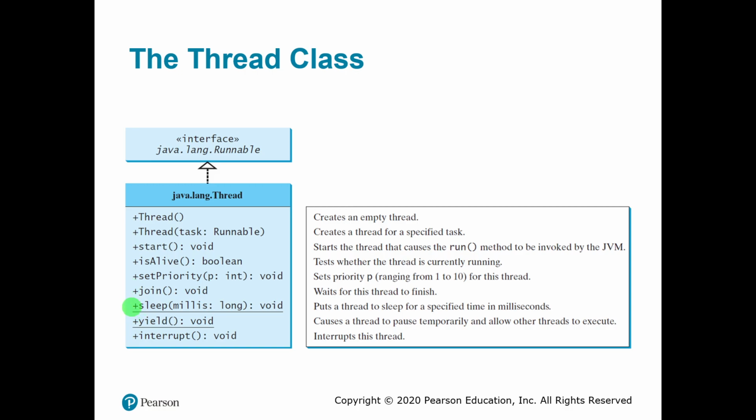There's a sleep method where we can specify how many milliseconds we want a thread to sleep. So if we want to allow some other threads to run, we can make one thread sleep. There's a yield method that causes the thread to pause and temporarily allows other threads to execute. And there's an interrupt if we want to interrupt a thread and stop it from running.